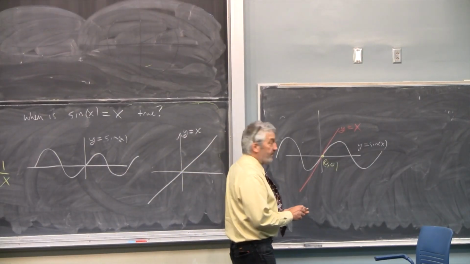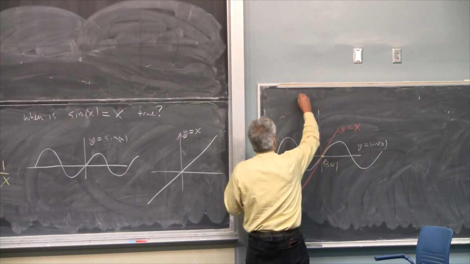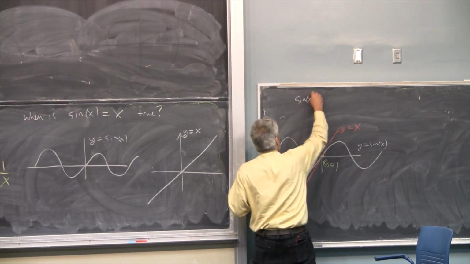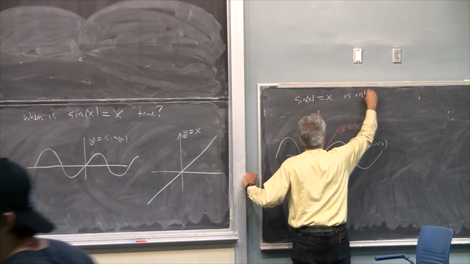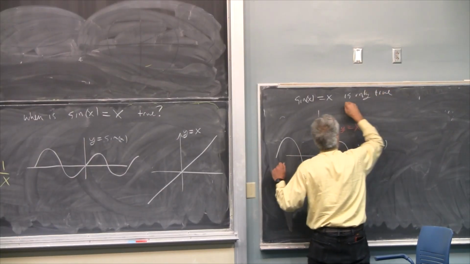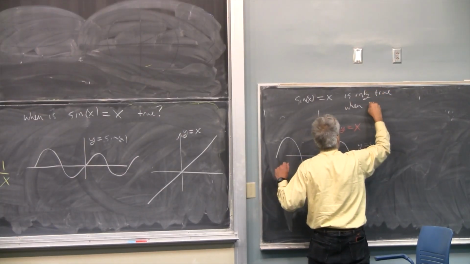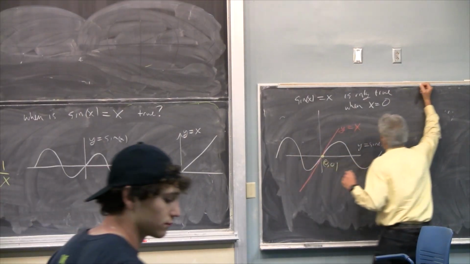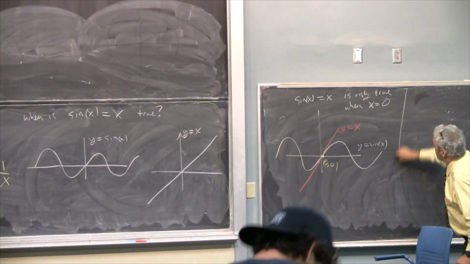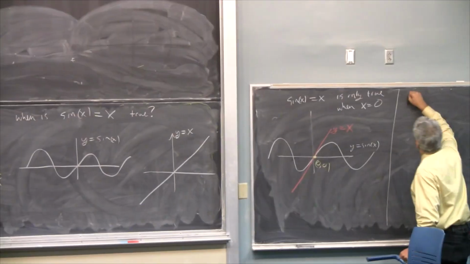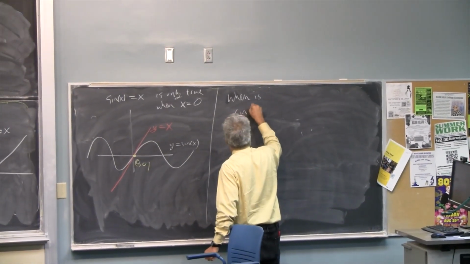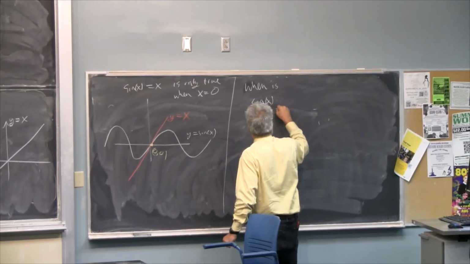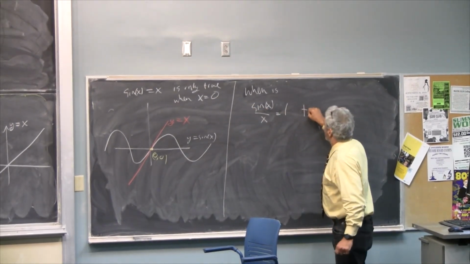So sine x equals x is only true when x equals 0. So now how about this question? When is sine x over x equals 1? When is that true?